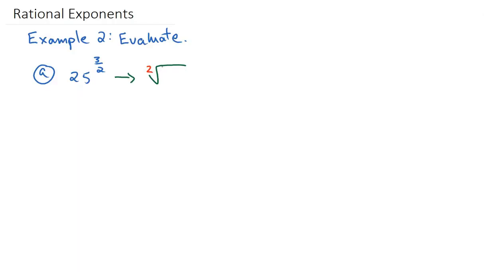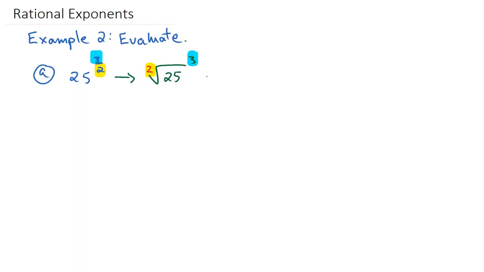So it's going to be the square root of 25, and I'm going to put the third power outside the radical. Okay? And so, again, to highlight where the numbers came from and went to, my denominator became my index, and my numerator became a power.